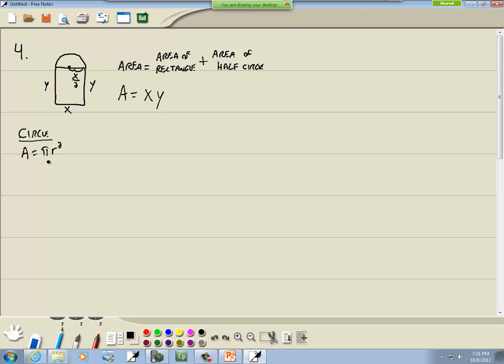If we got half a circle, then our area is 1/2 pi r squared. We got half a circle, don't we? So this would be plus 1/2 pi r squared.